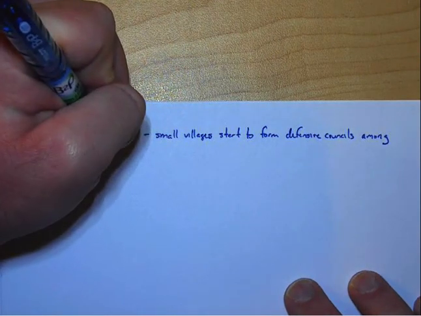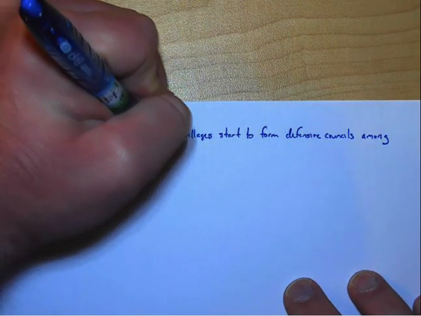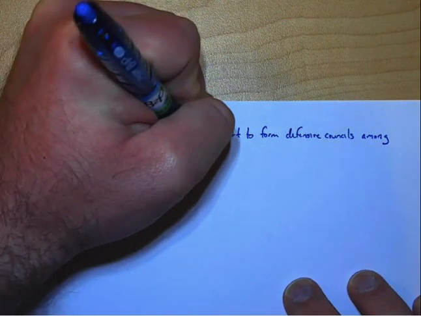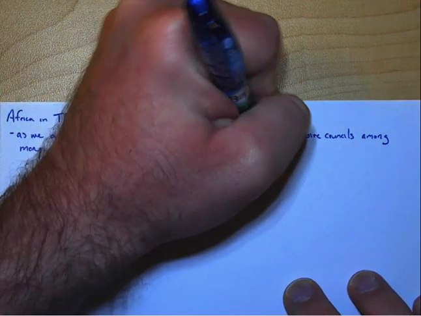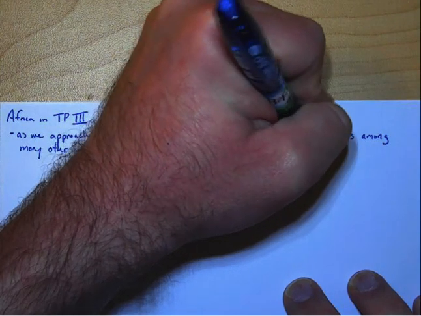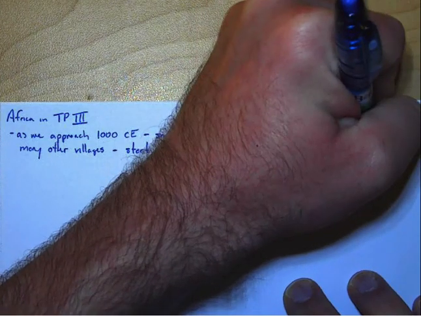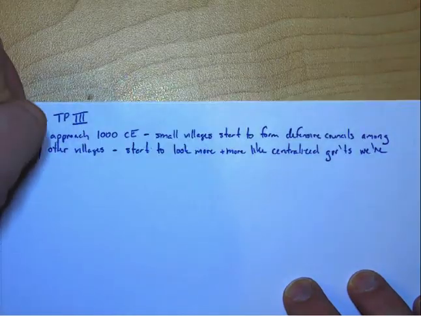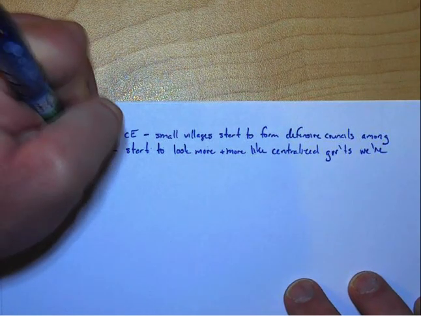And these defensive councils start to look more and more like the centralized governments we've been seeing throughout the course.